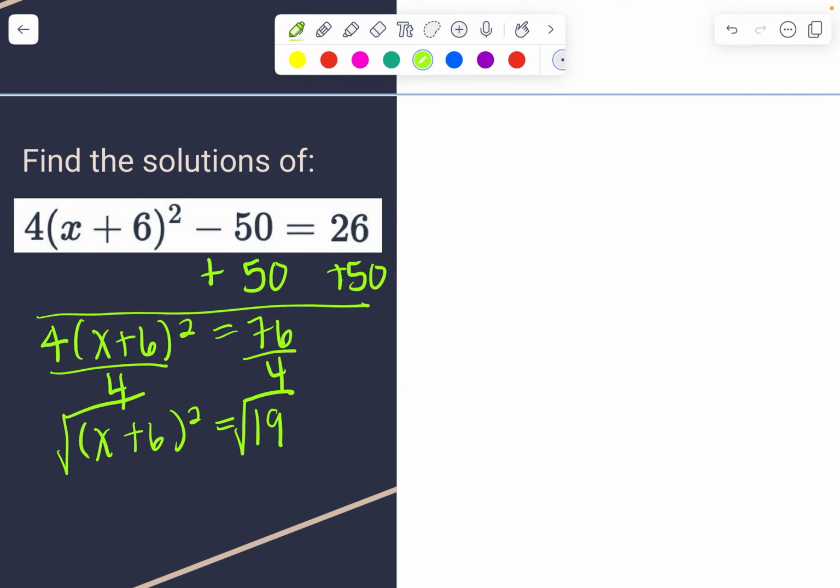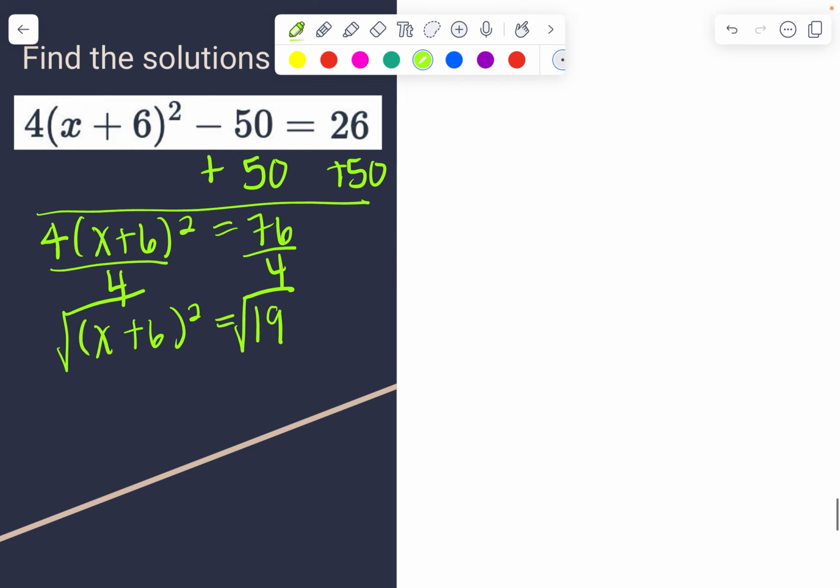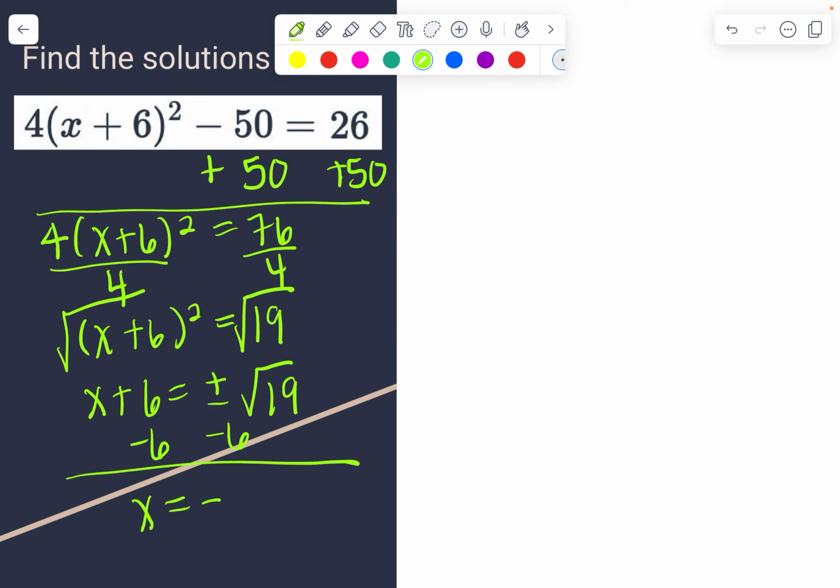Square root both sides. 19 is prime, so there's nothing else we can do with that 19. So then I get x plus 6 equals plus and minus square root 19. And then finally subtract 6. And our final answer is x equals negative 6 plus and minus the square root of 19.